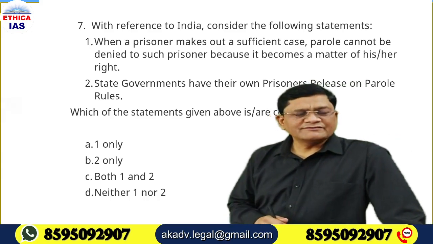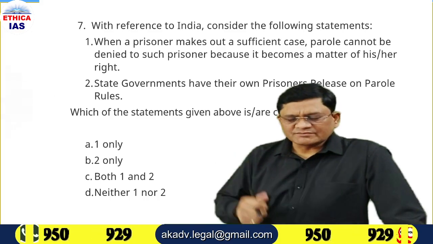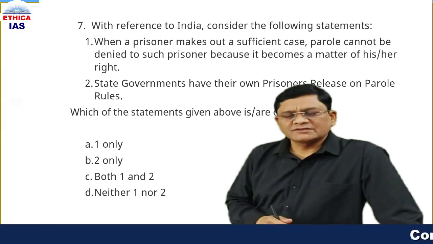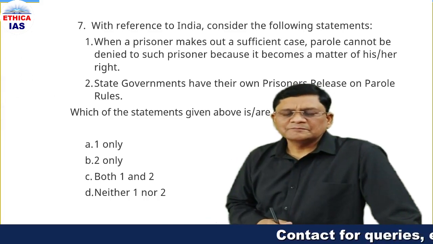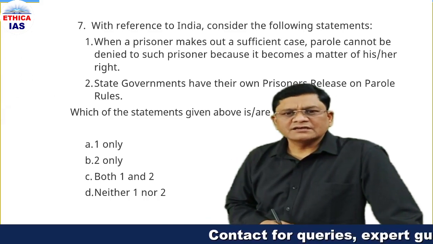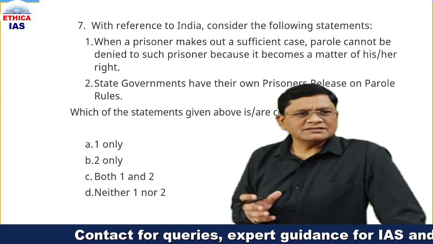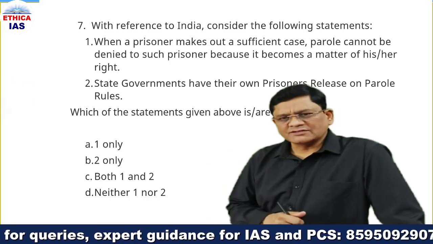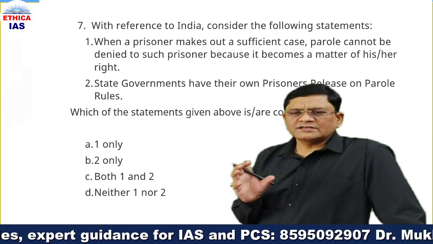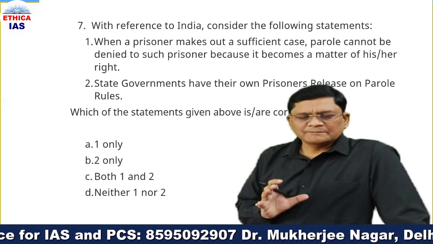The management of jail is related to executive magistrate power. The executive magistrate is head of jail management of the district. So decisions related to parole are taken by the district magistrate with prior consent of the state government.